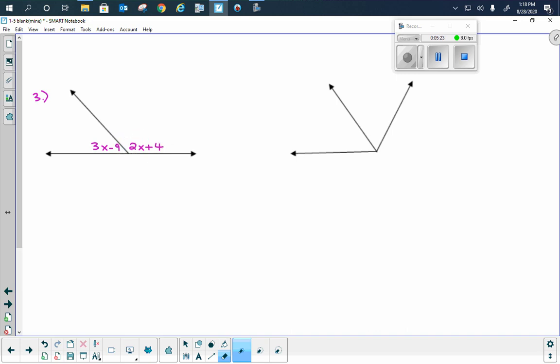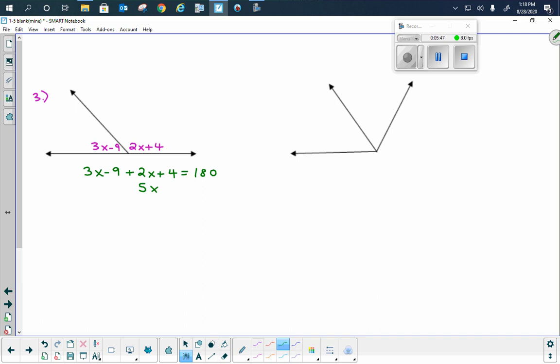So the equation that we're trying to come up with is, we know that 3x plus 9, nope, sorry, 3x minus 9 plus 2x plus 4, those two angles add up to 180. All right, now we're ready to combine like terms on the left. So 3x's plus 2x's is 5x.